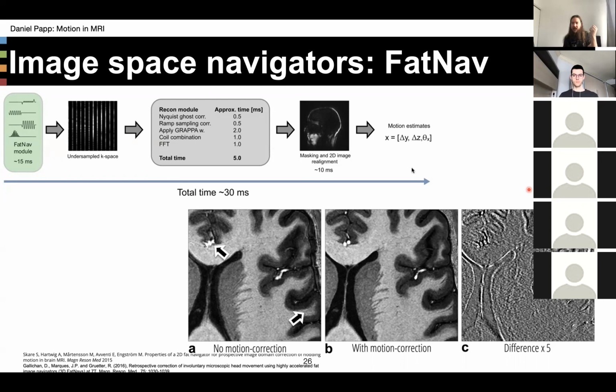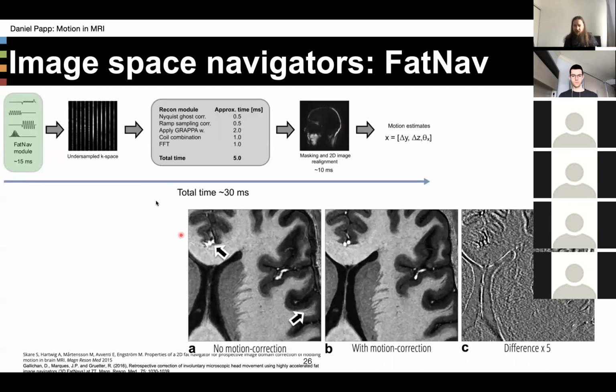So there's not going to be any problems if we mess up our water signal. And the end result are these fairly stark outlines of the head. That's where the fat is between your skull and your skin. You get your motion estimates.